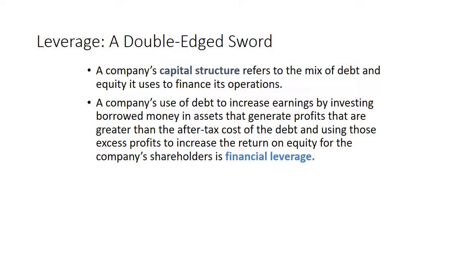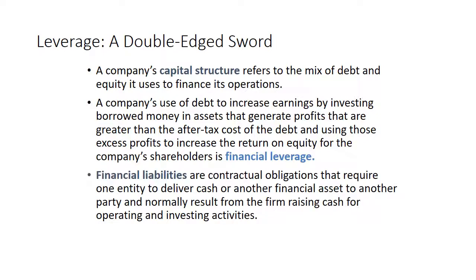And they take that borrowed money and put it in assets. Those assets are used to then generate a profit. The goal is to make that profit greater than the after-tax cost of the debt. So you'll make more money than you have to spend in interest, and that in turn helps increase the return on equity, or the return to the shareholders, the owners.